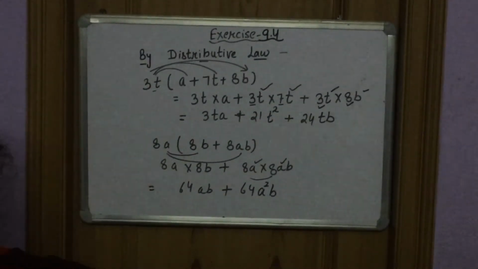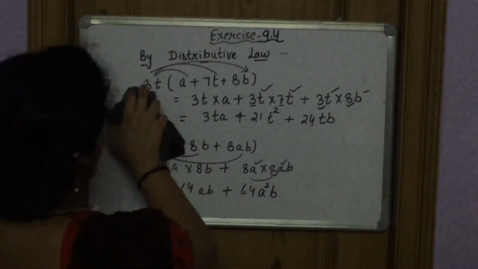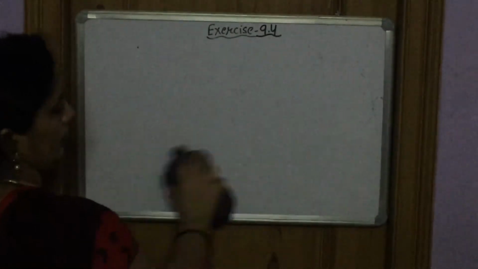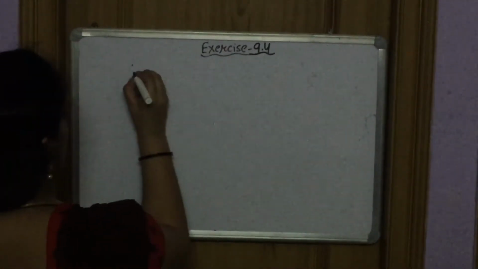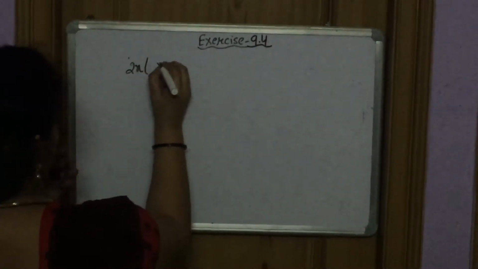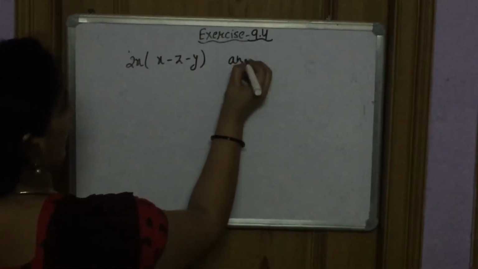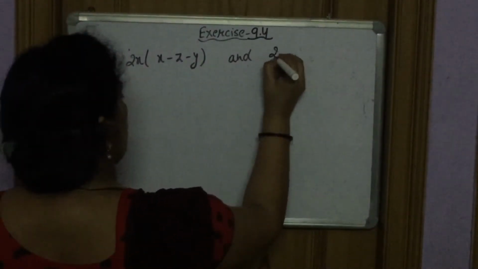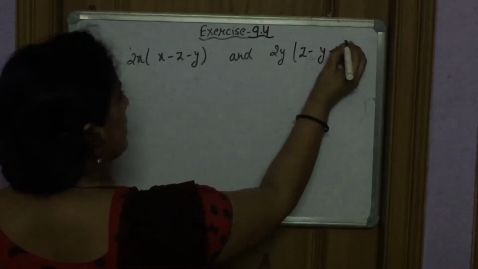Next, now we will do a question in which first of all we have to multiply and then add. The statement is 2x(x minus z minus y), and we have to add to it 2y(z minus y minus x).